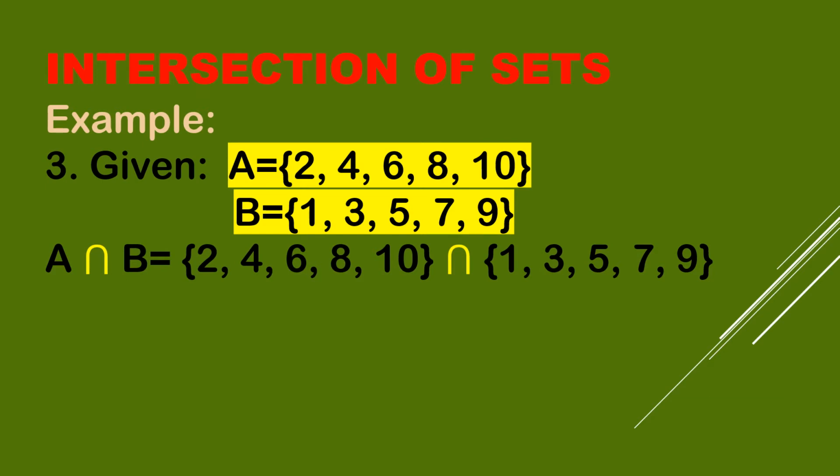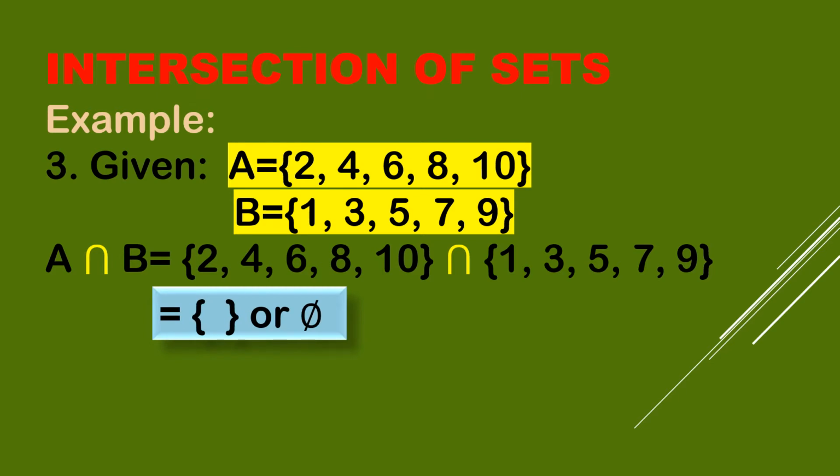Try to examine. Since walang elements that are common to both A and B, therefore, their intersection is what? Very good. It is an empty or null set.